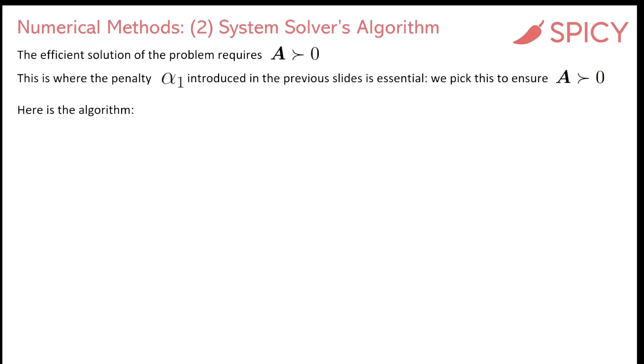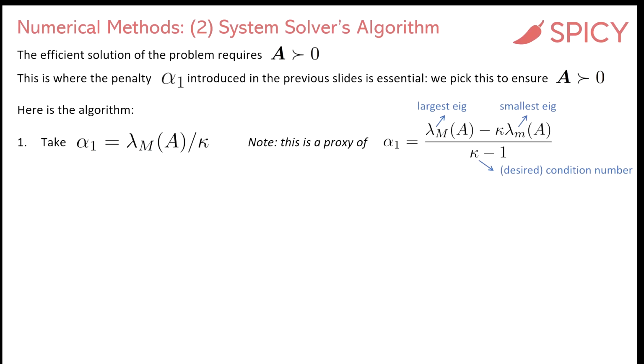The first step will be to compute this alpha 1, and we will do that using as information the largest eigenvalue of the matrix A and an input of the user, which is this K, which plays somehow a proxy of the condition number.